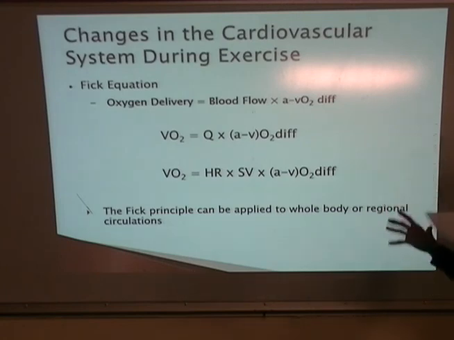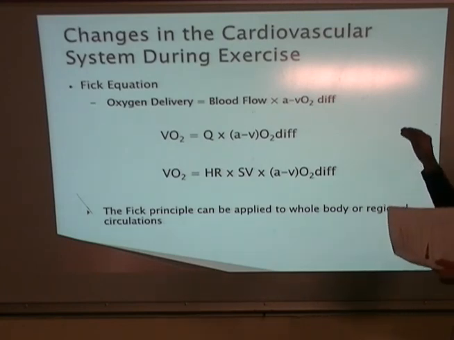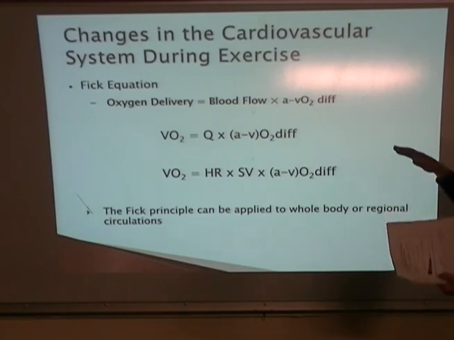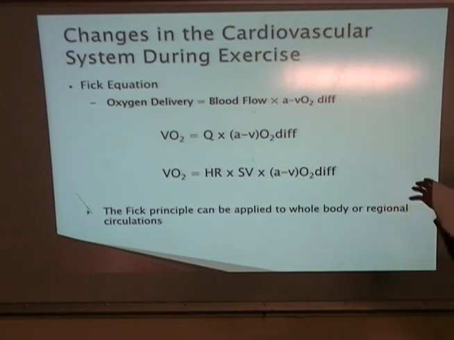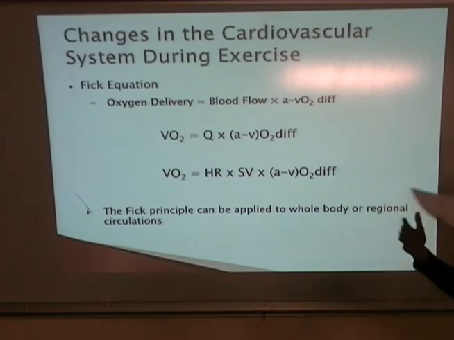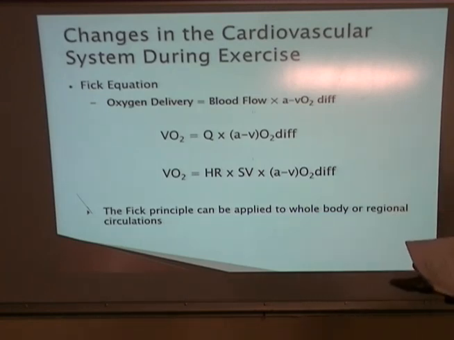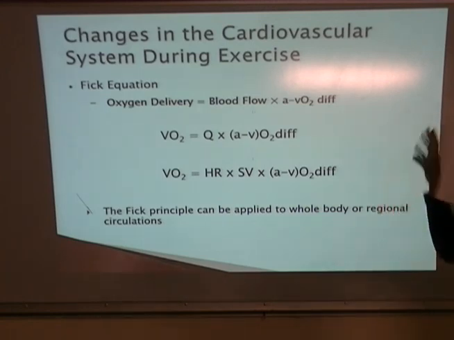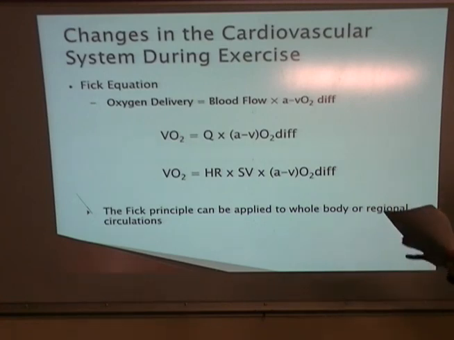I can increase Q, which we know happens with training, and I can increase AVO2 difference, which happens when I exercise, assuming my capillary network and everything is working healthfully.